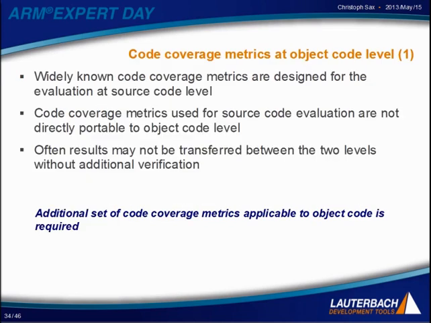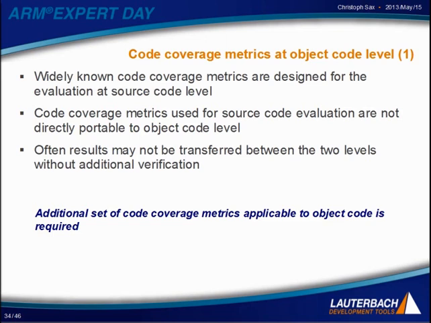The basic problem with all these metrics is that they are designed for evaluation at source code level. However, TRACE32 uses an approach that starts with the object code level of the software. The basic problem is that we cannot apply the source code level metrics directly to the object code.